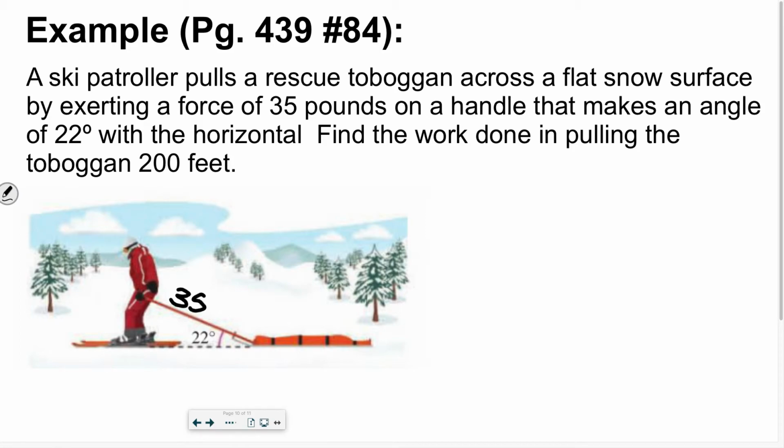So that's 35 pounds on the handle. Think about if you were pulling something, you're pulling forward horizontally as you move, but you also have some upward pull as well. The angle that it makes is 22 degrees with the horizontal. Find the work done in pulling the toboggan 200 feet.